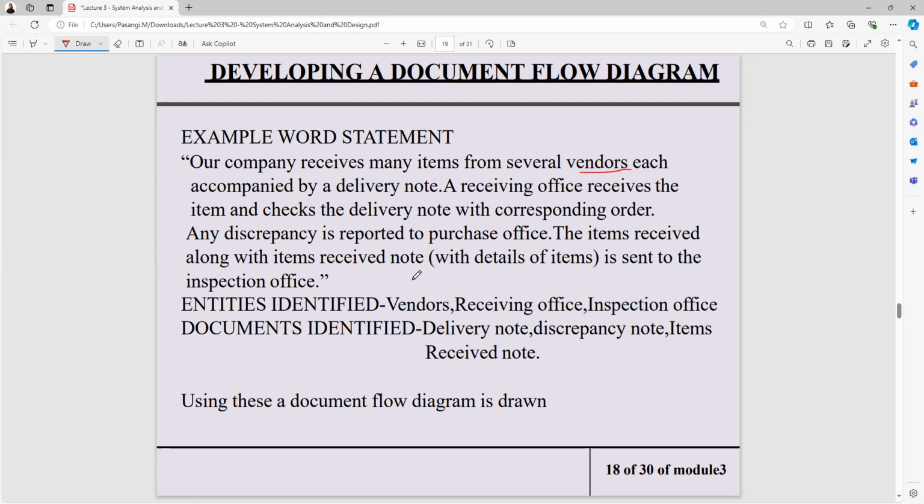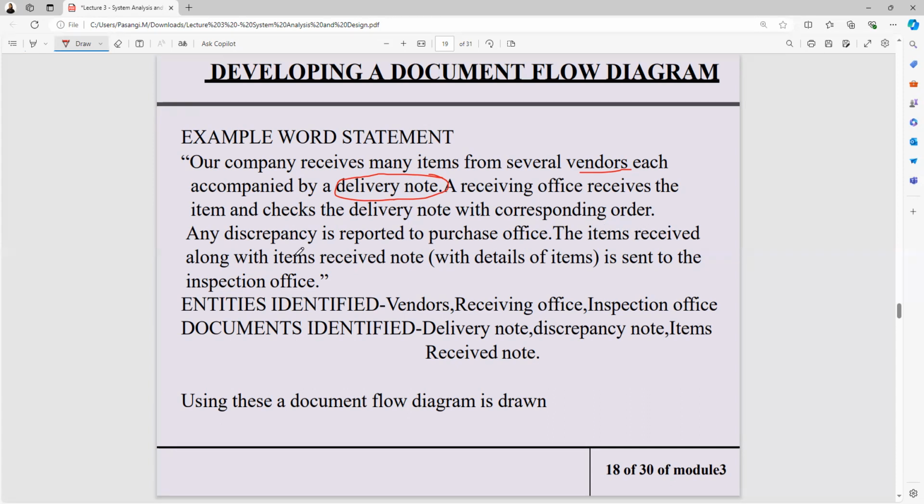The delivery note will become a document. A receiving office receives the item and checks the delivery note with the corresponding order. Any discrepancy is reported to the purchase office.